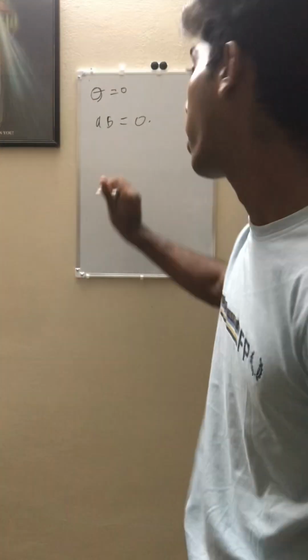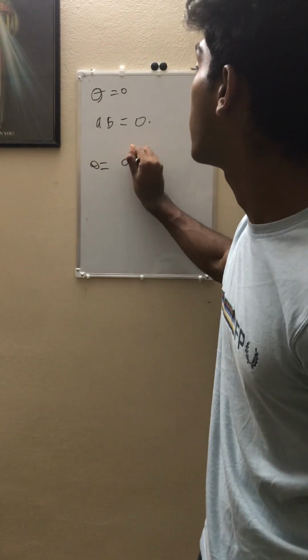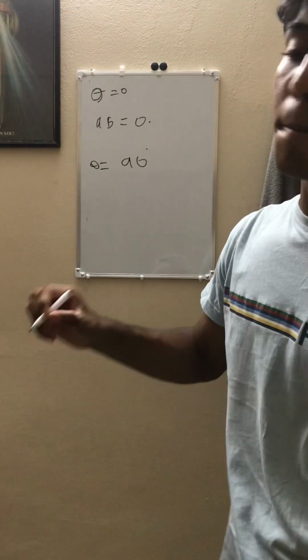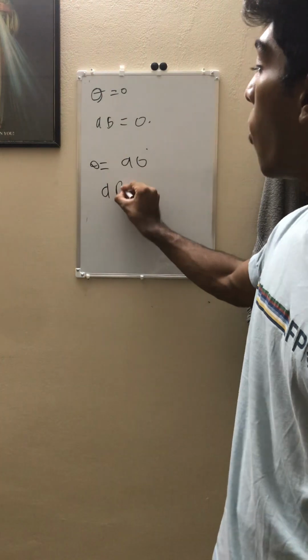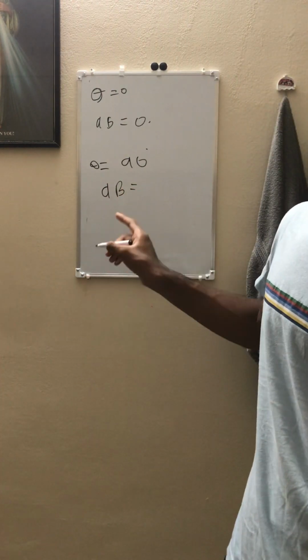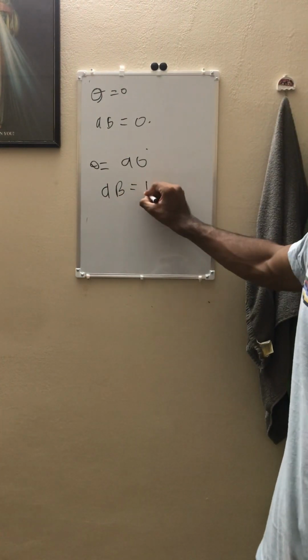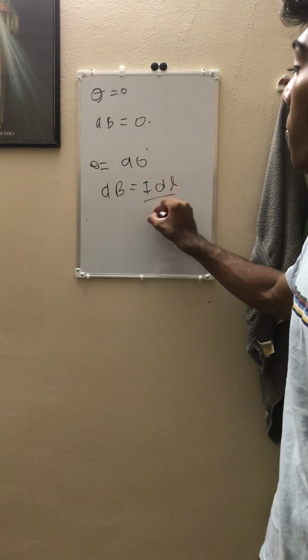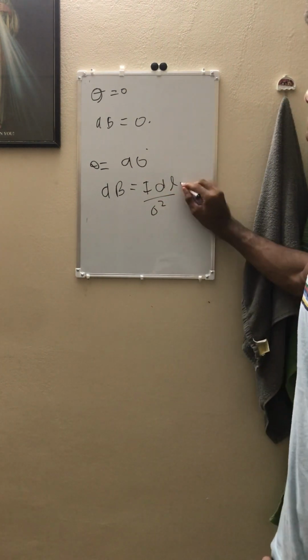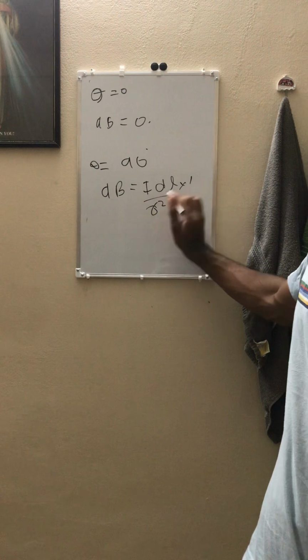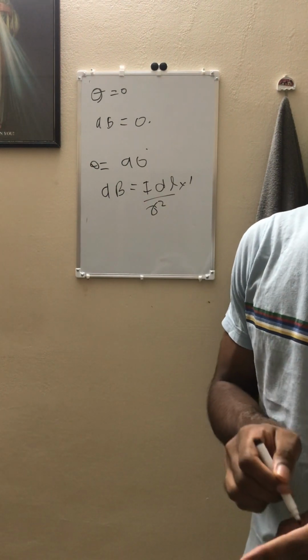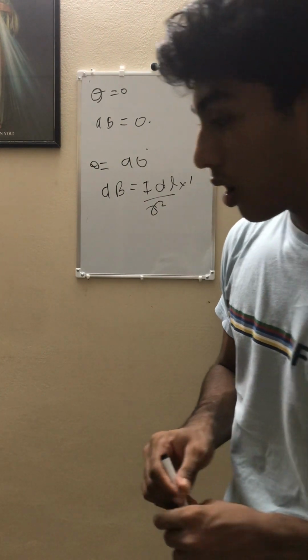And what is the maximum value of sine? Obviously it's 1. And where does it get 1? When theta becomes 90 degrees. So I can say the magnetic field is maximum when theta is 90 degrees, and it will be I dl by r squared. This will be the maximum value. Okay, that's a basic thing.